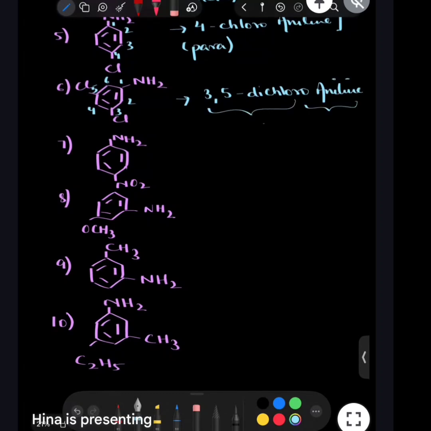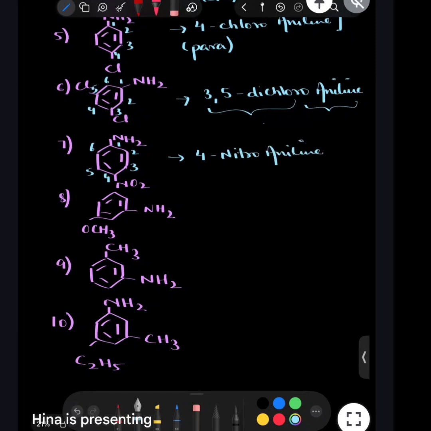Okay, in the seventh one we can observe there is a nitro group, and it is at the fourth position, so we will write 4-nitro aniline.